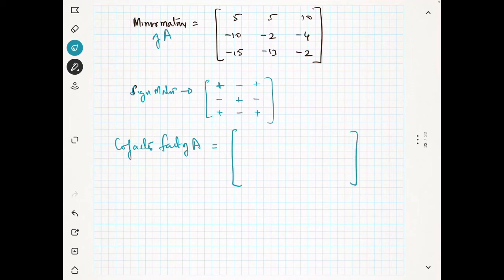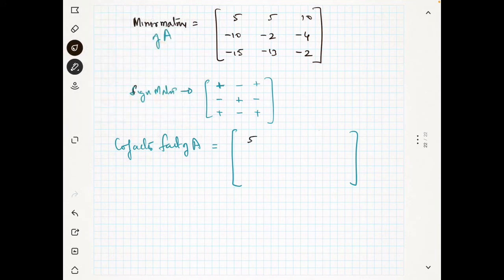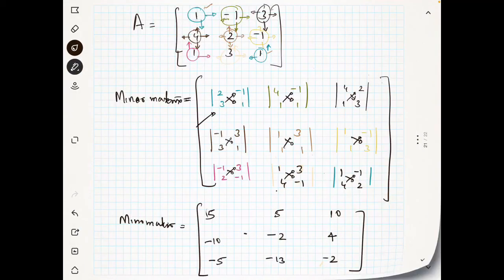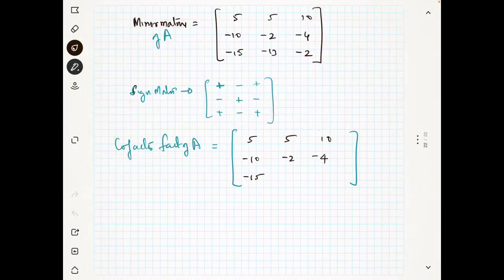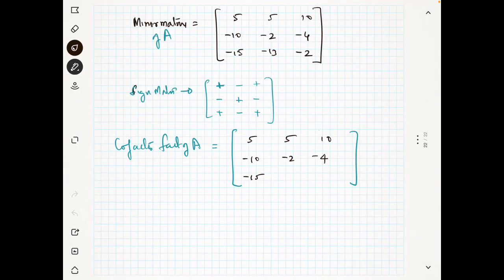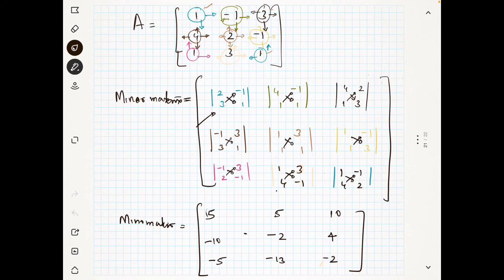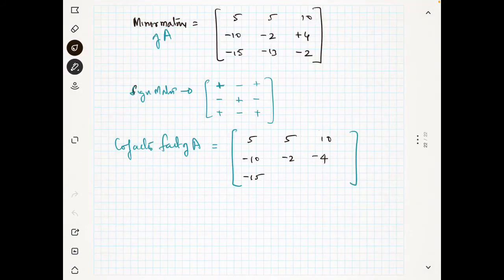How to find the cofactor of A? Just assign the signs. So I will first write the elements. 5 5 10, minus 10 minus 2, then plus 4, sorry, it's plus 4 only.